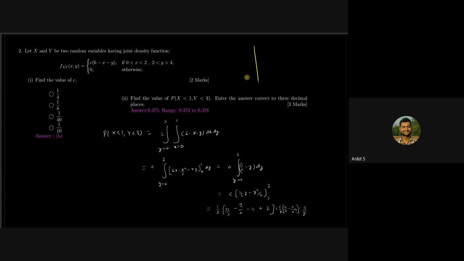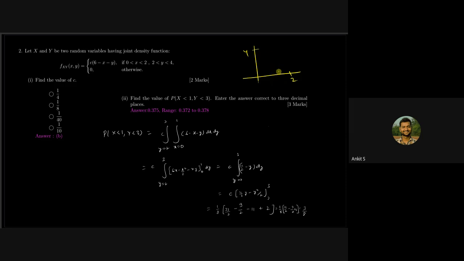So this is x goes up to 2 and y goes up to 4, but only up to 0 and 2, and y goes from 2 to 4.